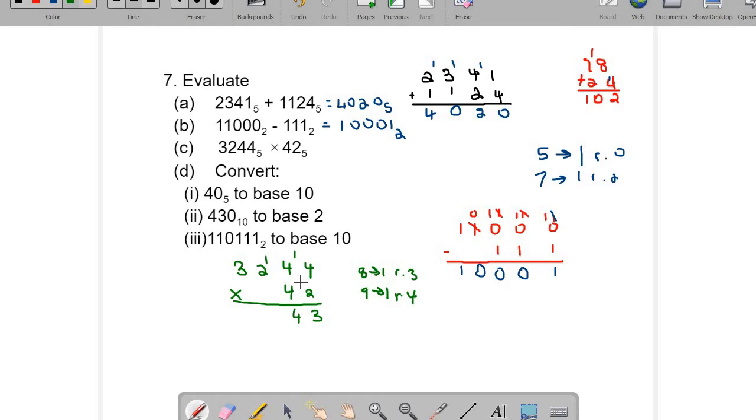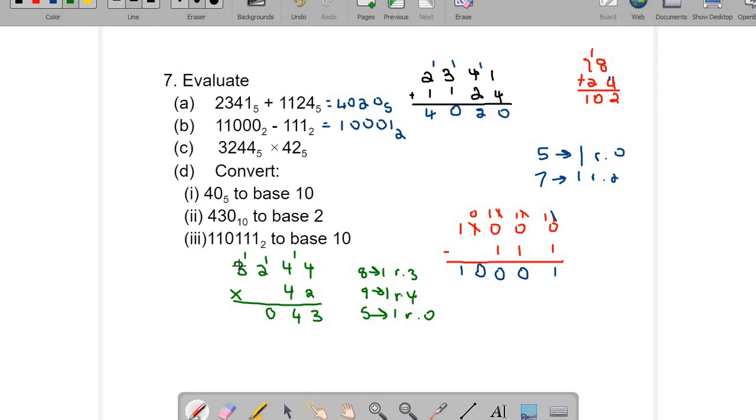That's basically it. All right, so 2 times 2 is 4. 4 plus 1 is 5. Can't write 5. We know that there is one group of 5 in 5, and that will leave us with a remainder of 0. So we're going to carry that 1 over to the next place value.